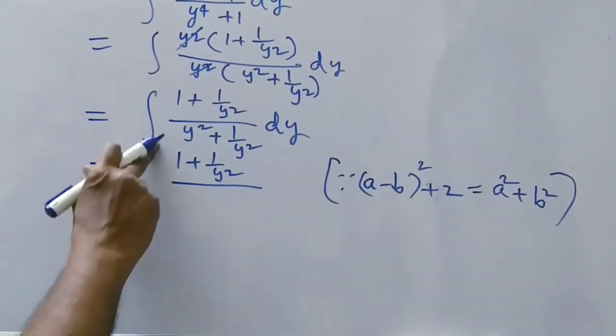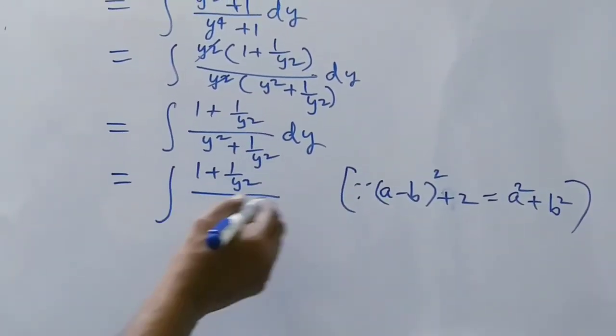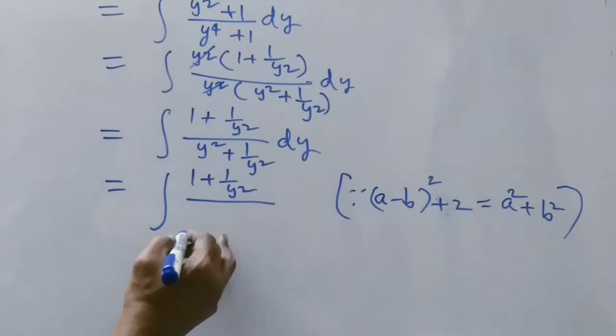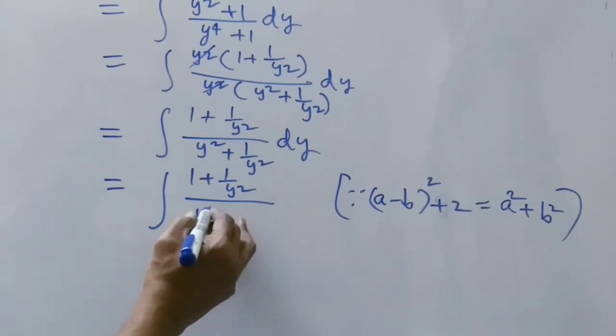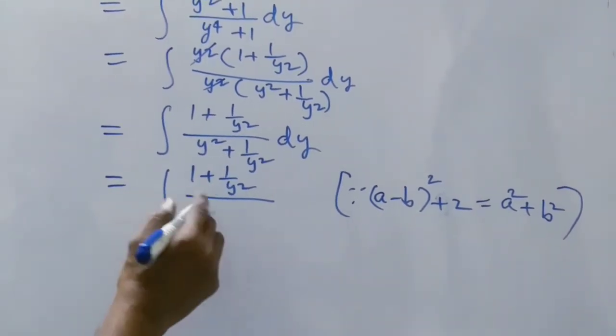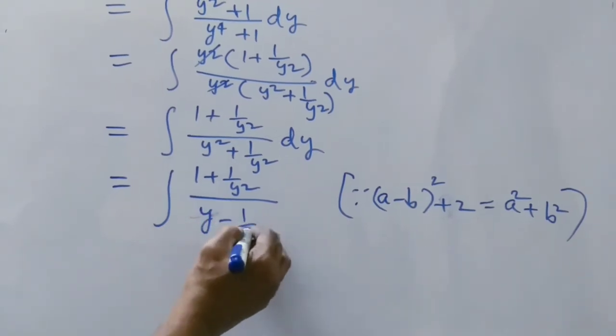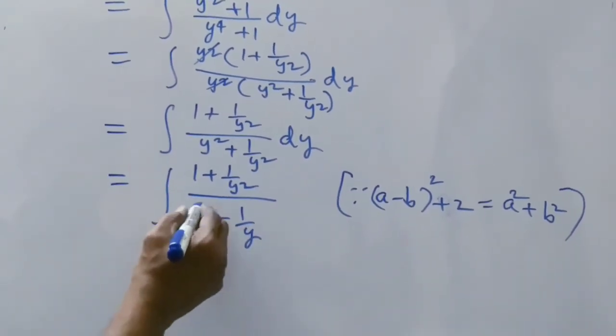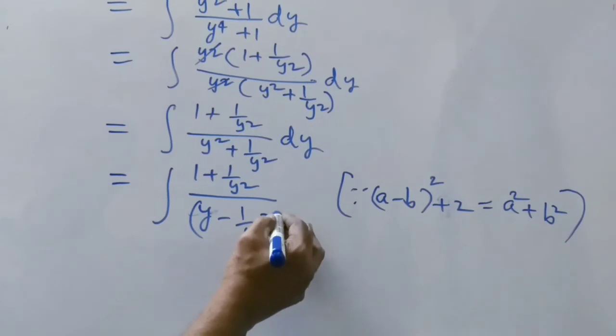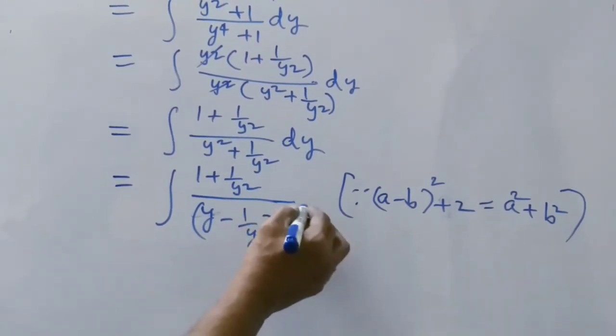So y square plus 1 by y square becomes y minus 1 by y whole square plus 2 dy.